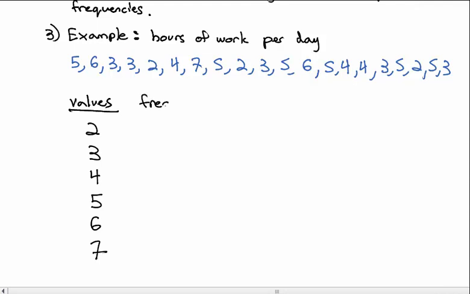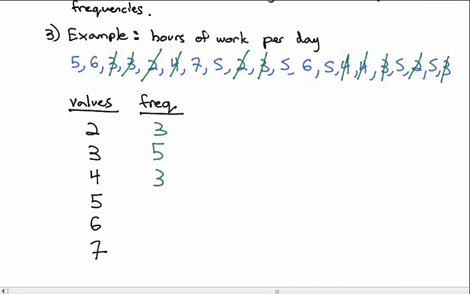And so when we do frequency, let's see, how many 2s occurred? 1, 2, 3 2s. So the frequency of a 2 was 3. How many 3s occurred? 1, 2, 3, 4, 5 3s. How many 4s occurred? 1, 2, 3 4s.